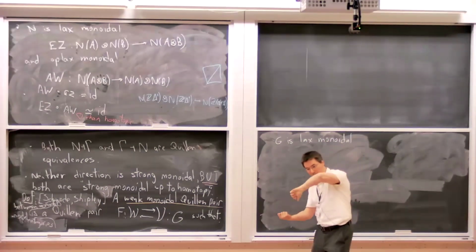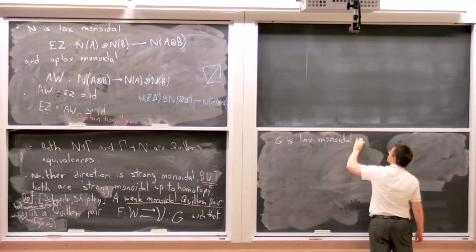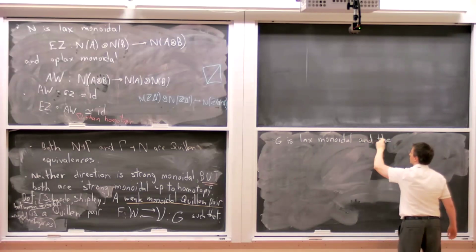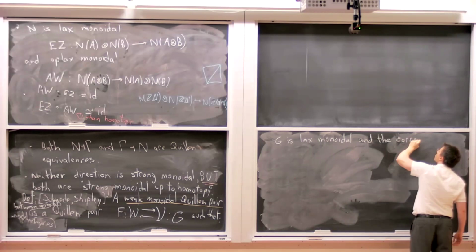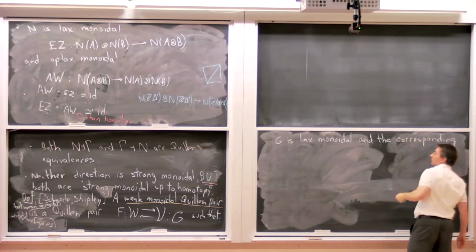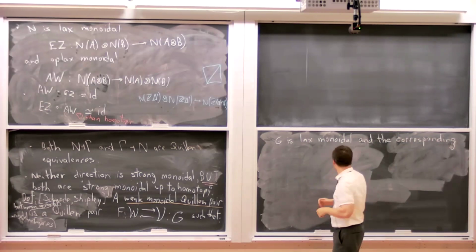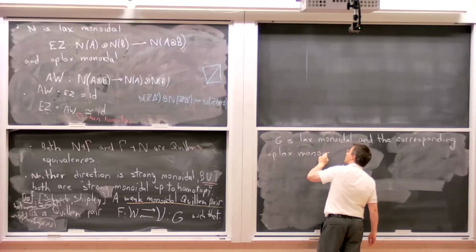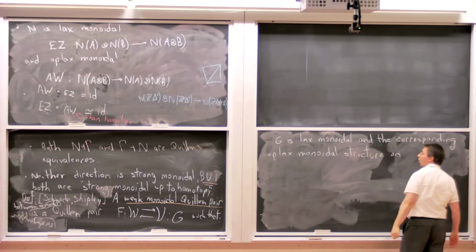By doctrinal adjunction, that corresponds to an op-lax monoidal structure on the left adjoint. It's just a little commutative square. I just like to say doctrinal adjunction as often as possible. Corresponding op-lax monoidal structure on the left adjoint.